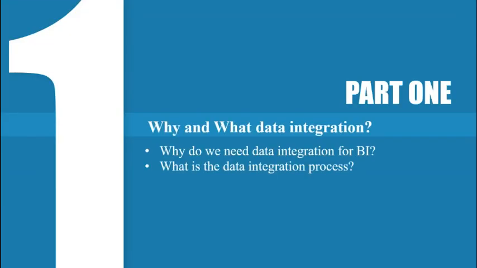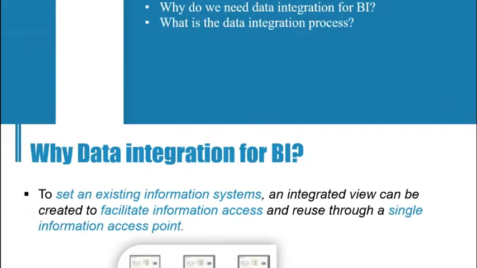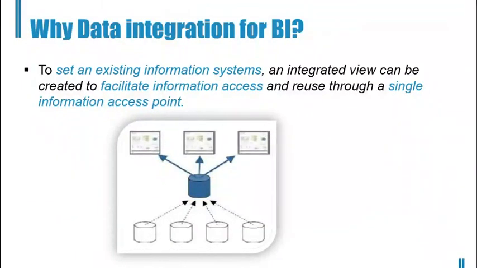The first section, why and what data integration. The first reason is mainly to set an existing information system or business intelligence system, make it an integrative view interface for different stakeholders who will do the business intelligence decisions. So an integrated view can be created to facilitate information access and reuse, retrieval of data through a single information access point.